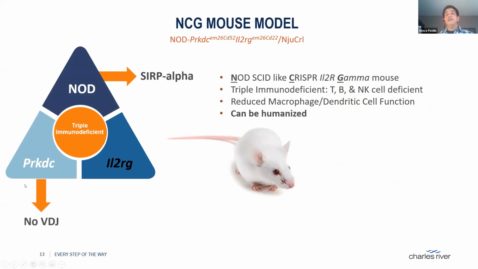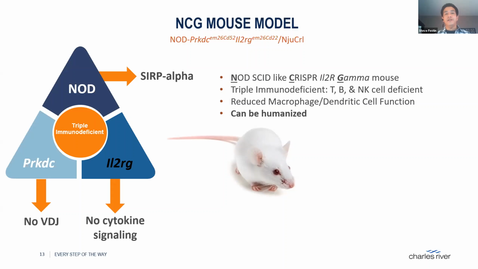PRKDC lacks VDJ recombination, and IL-2 receptor gamma is a common subunit of interleukin signaling. The lack of IL-2 signaling within the NK cells makes them unable to really be activated.